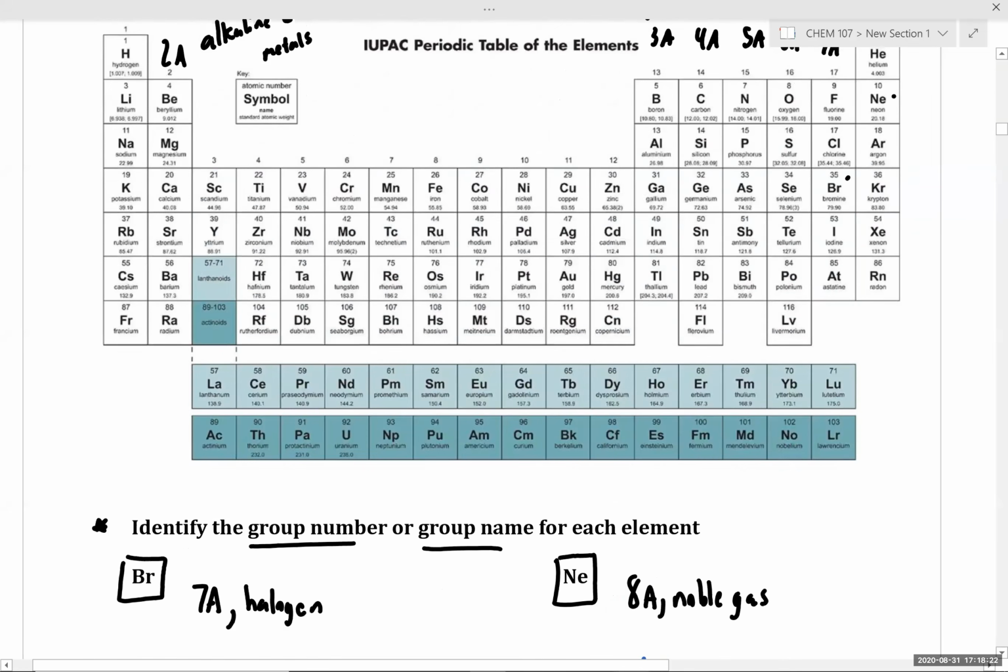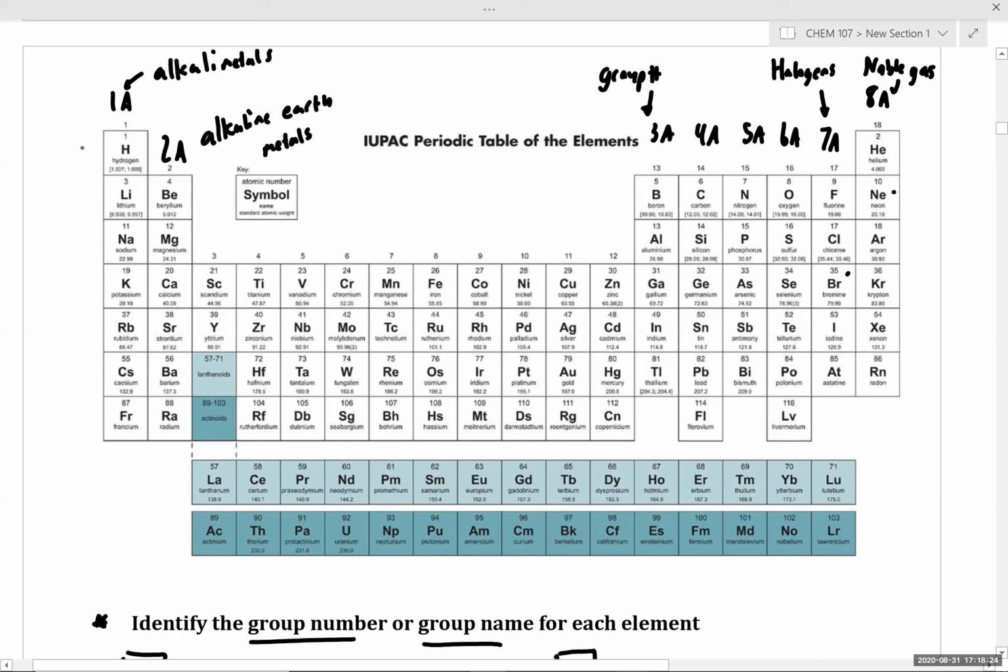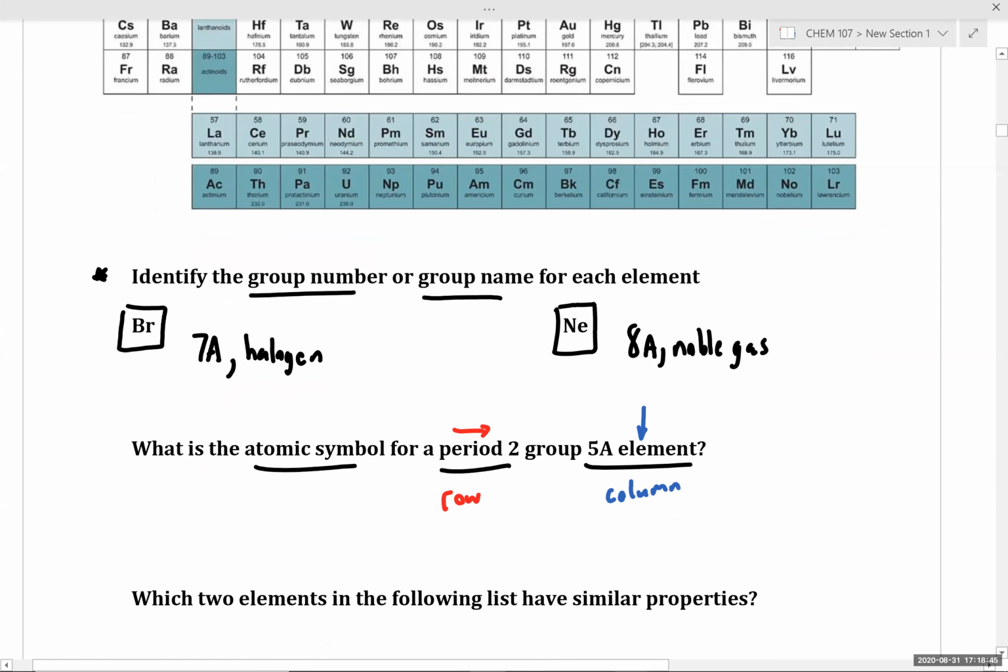I'm going to go to period 2, so 1, 2, we're looking at our second row, and then group 5A. So I go to period 2, group 5A, and that gives us nitrogen. So the period number is the row number, the group number is the column number. So the element in period 2 group 5A would be nitrogen.